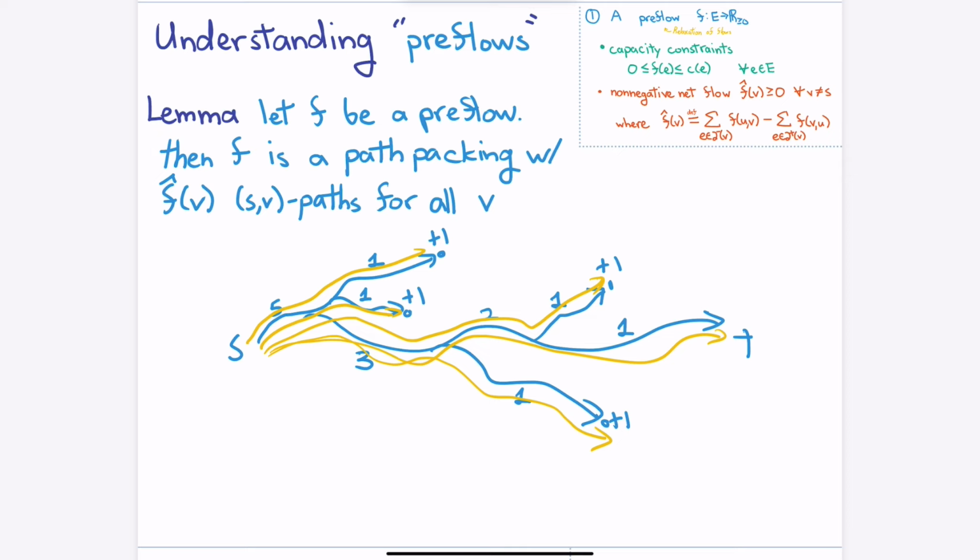Okay, so the claim is you can always break down the preflow into paths. There's a trick proof. How can we argue this?